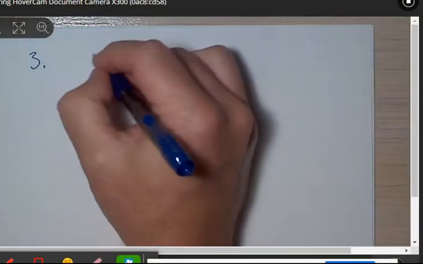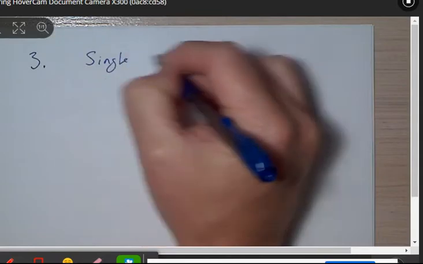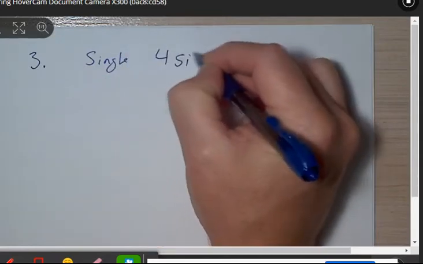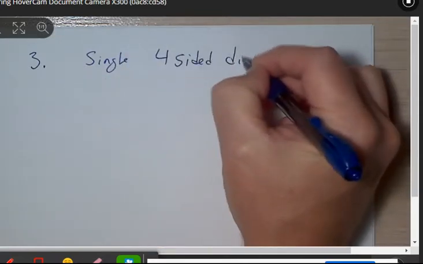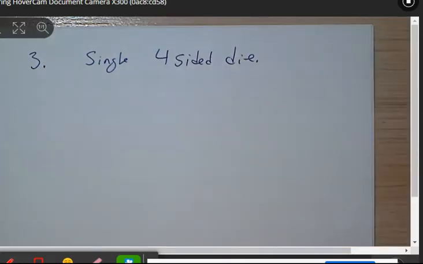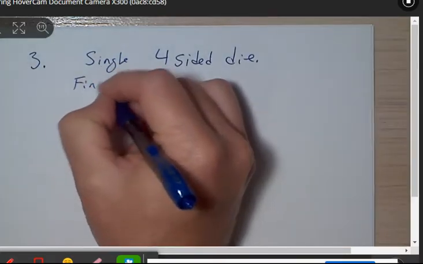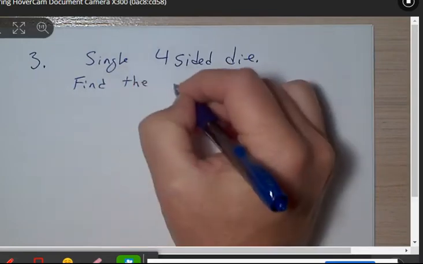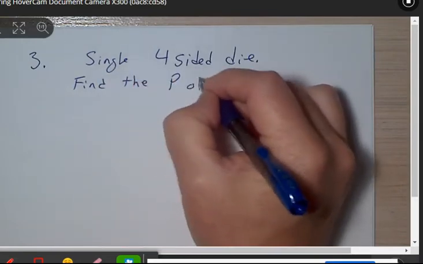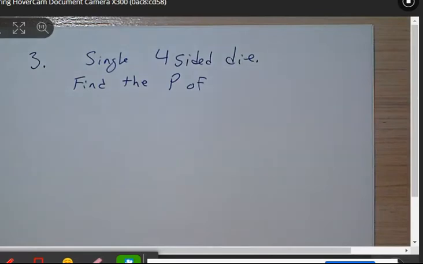Okay, number 3. Number 3 says it's a single 4-sided die. Find the probability of getting a number that is less than 2.